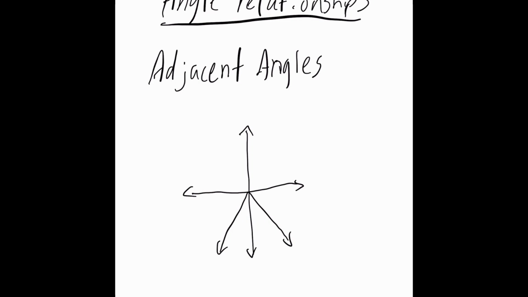So adjacent angles shows angles that are one next to each other that share a side, okay, and usually share some type of vertex. That's a point where they connect. Those are adjacent angles, okay? So this angle over here and this angle over here are adjacent, all right?